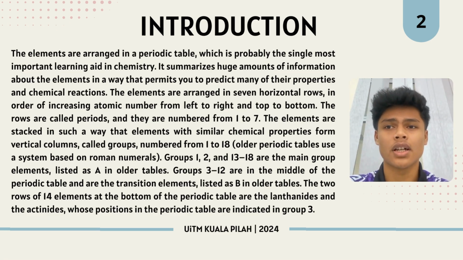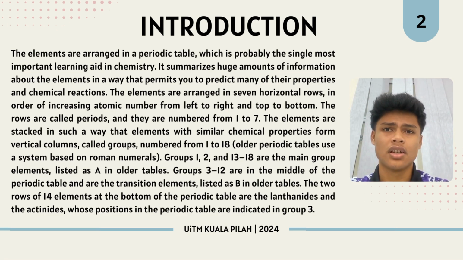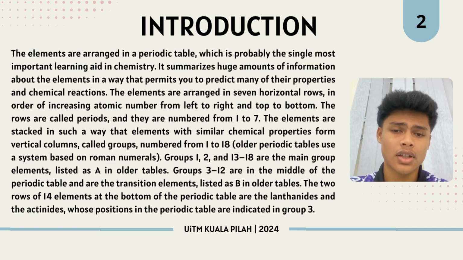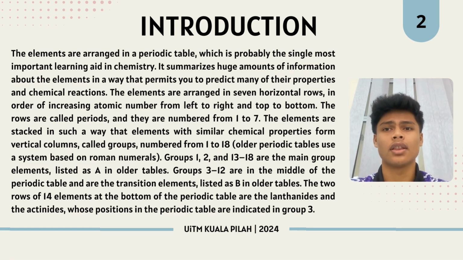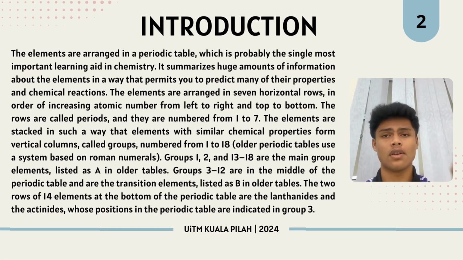So the rows are called periods, and they are numbered from 1 to 7.